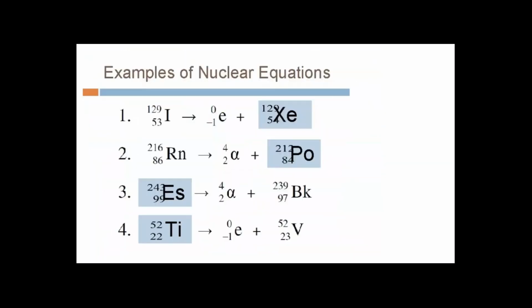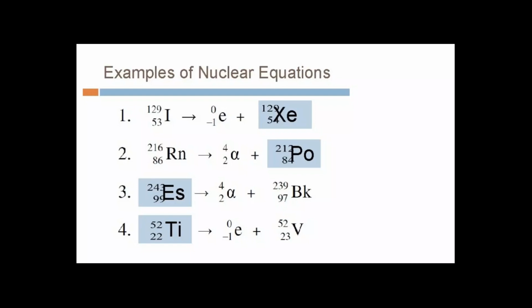So, examples of equations. Note in the first one you have iodine, and it's giving off a beta particle. So the atomic number increases, but the atomic mass stays the same. Then you have radon giving off an alpha particle.